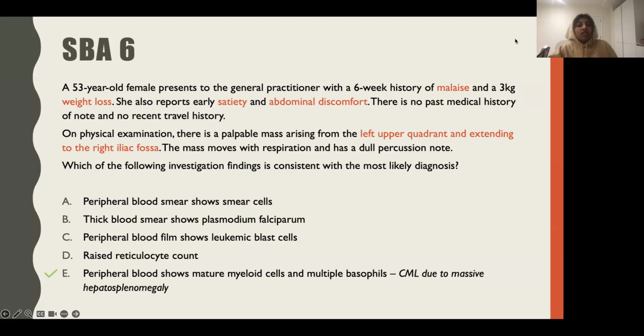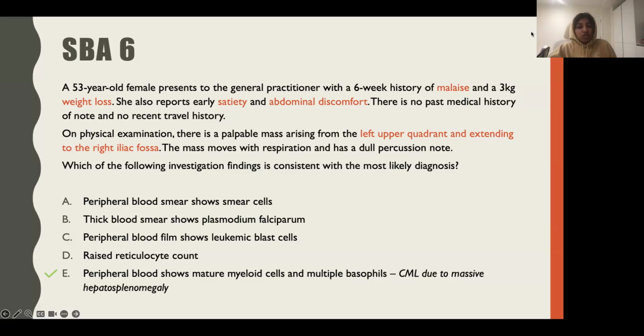If you see massive splenomegaly, it should point you towards CML. And if it's a CML, you're more likely to see mature myeloid cells because it's a chronic leukemia.